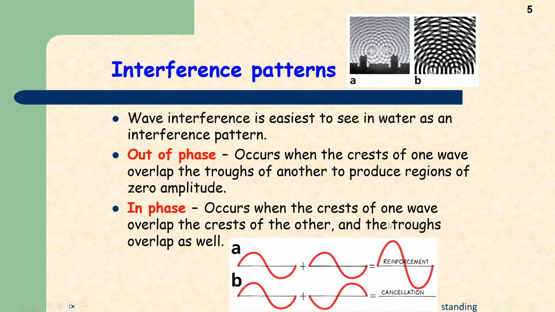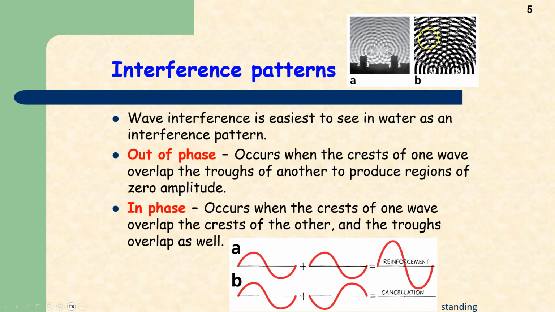If you have this happening over and over again, then you have what's called out of phase and in phase, especially if the waves are not exactly the same frequency. You'll see this develop even in waves of the same frequency that originate from different spots. You'll see this in water.